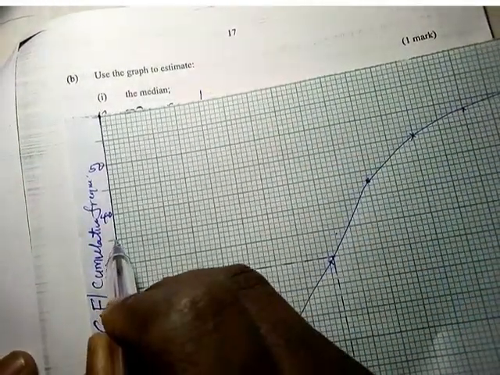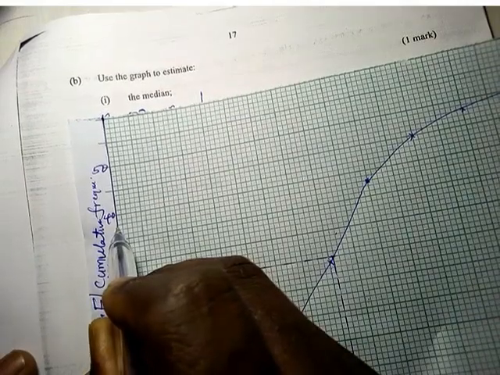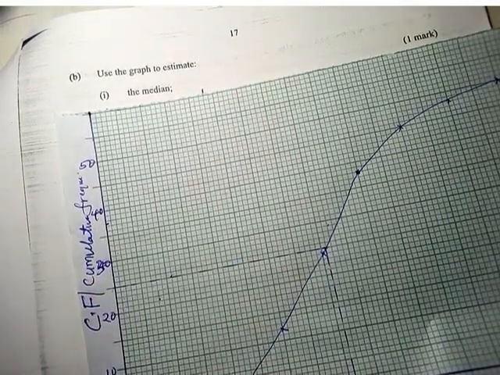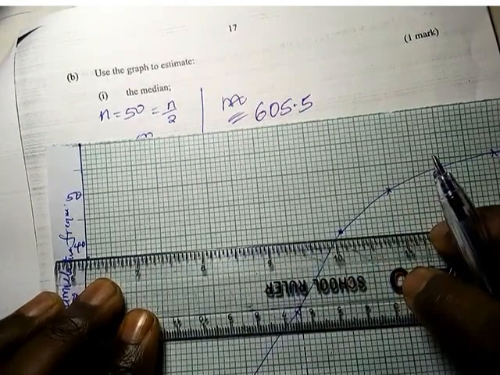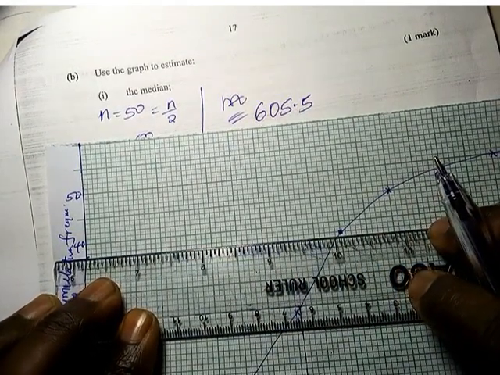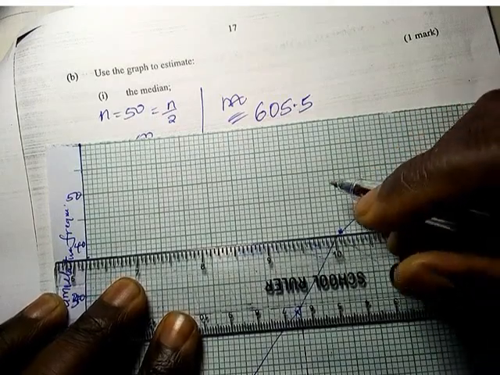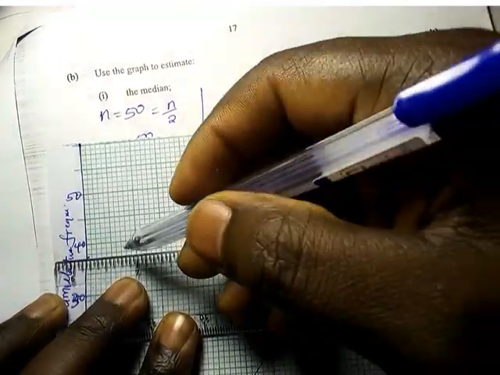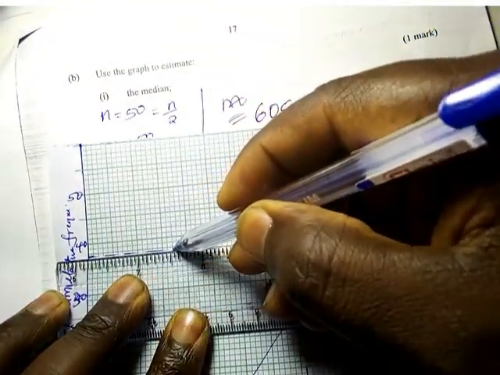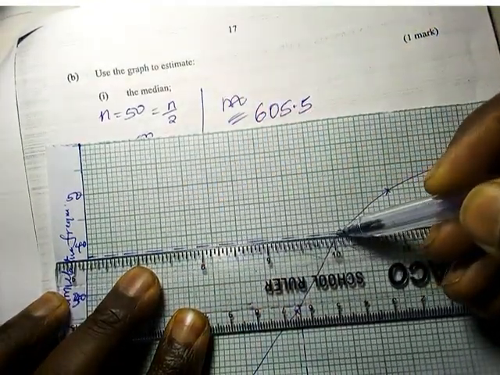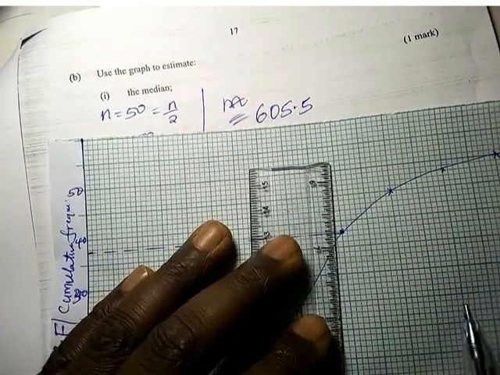So where we have 36, 37 here, you draw a line there to the curve, which will give us the upper quantile, and then draw downwards.